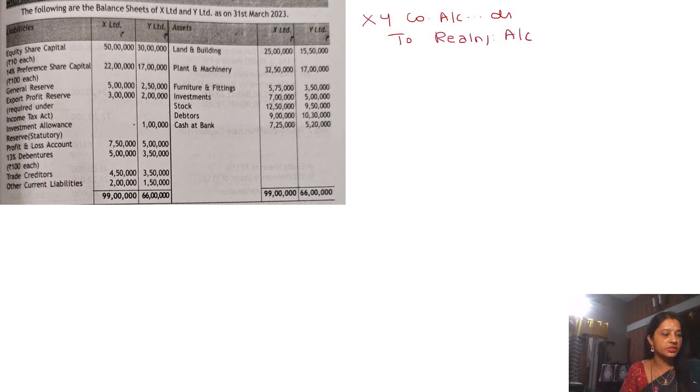So how much is the purchase consideration of X Limited? 72 lakhs 20,000. So 72 lakhs 20,000 purchase consideration due. So this is the entry for PC due.